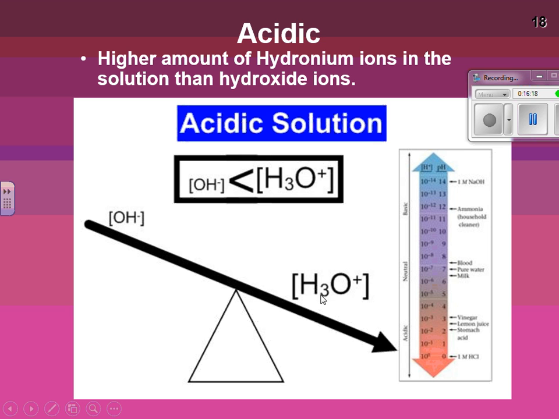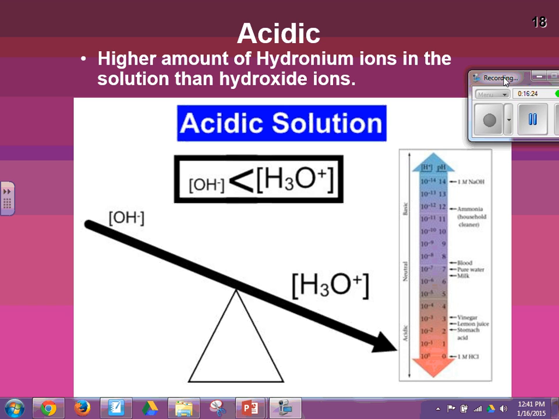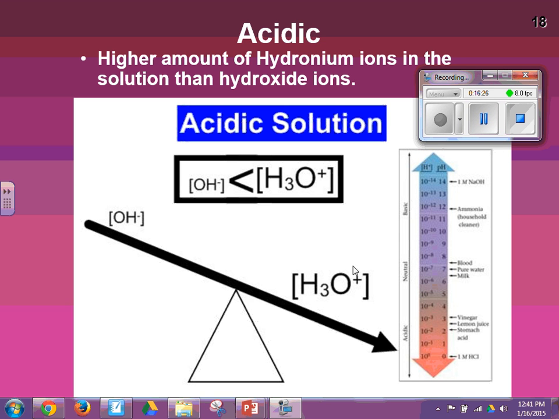If this is more, the scale should be pointing down towards acidic, however you want to pronounce it. So this is kind of the basic plan for determining if it's an acidic solution, a basic solution, or a neutral solution. Just keep that in mind.